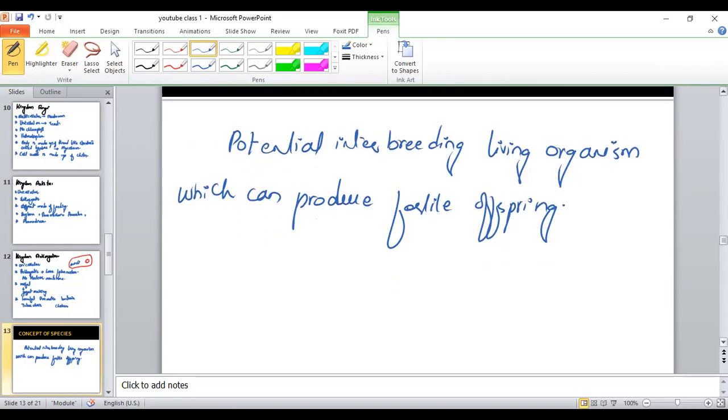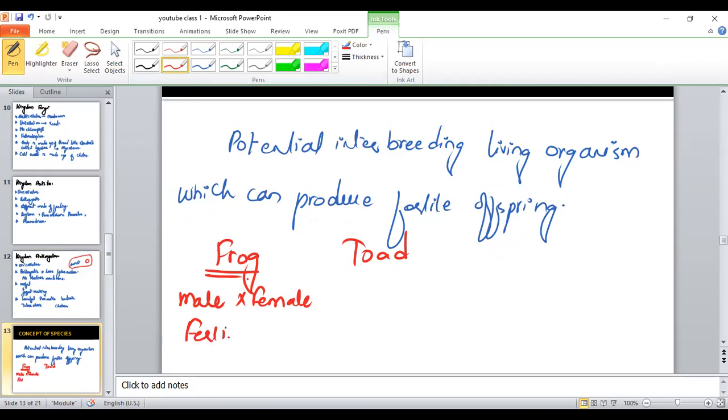Now, what I mean here is, let's suppose when we talk about a frog, frog is closely related to toad, but this frog and toad are different species. A male frog all the time needs a female frog, and when they reproduce together, they form fertile offspring.